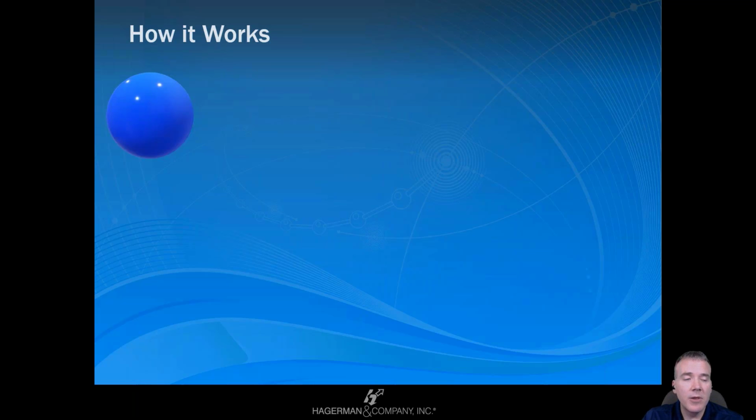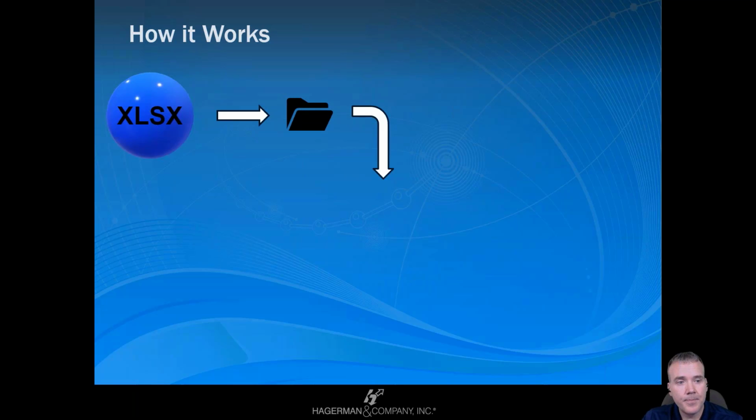Right? So fundamentally, the way it works is you take input from some interface or some system. It could be ERP, it could be a web page, it could be a spreadsheet, right? And that information goes into a file somehow, into a folder on a computer.